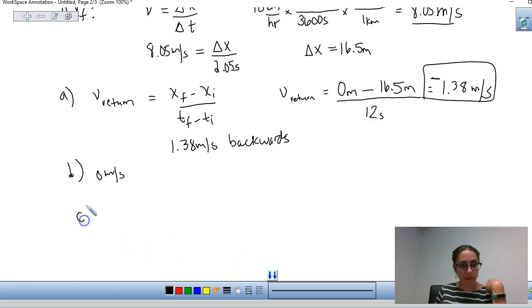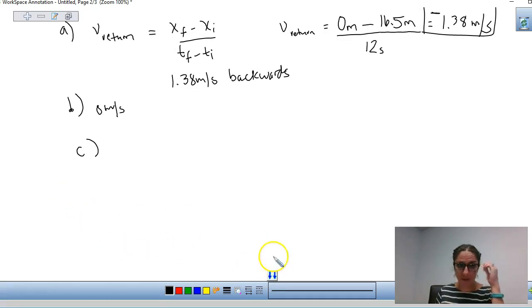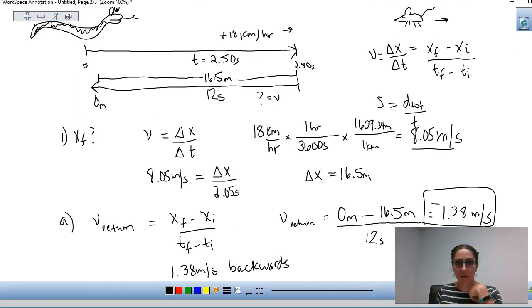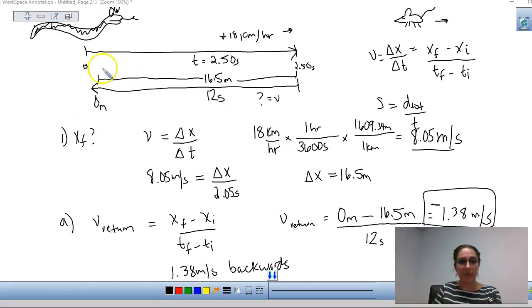And then C, what was the question for C? Oh, average, I want an average speed. So we need total distance over total time. Total distance would be the 16.5 forward, and then the 16.5 backwards.